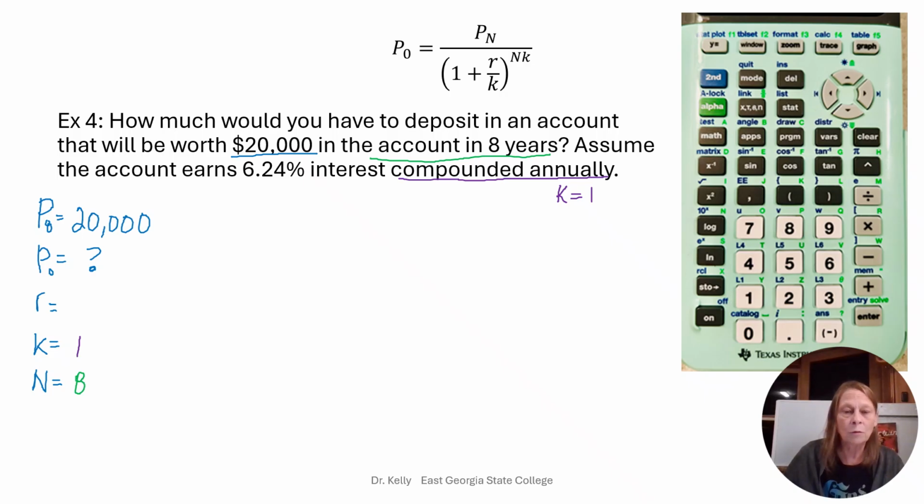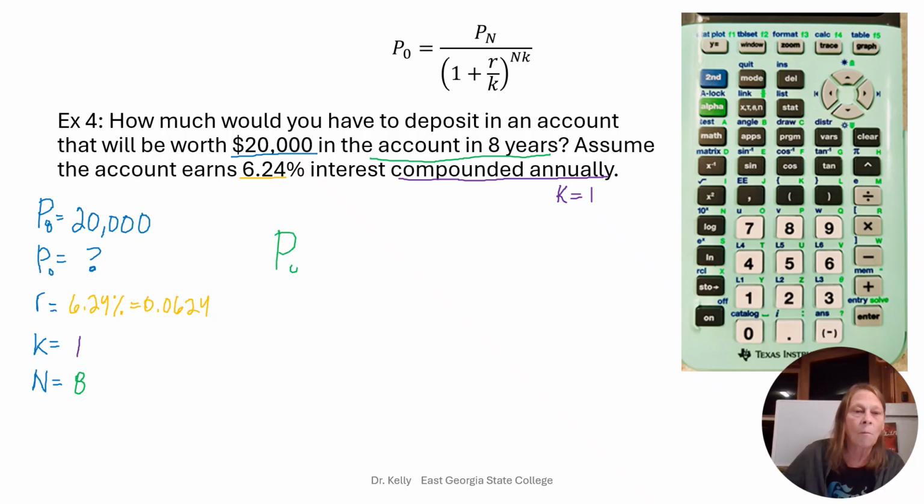And let's see what our rate is. Our rate is 6.24%. So 6.24% is equal to 0.0624. All right, let's crank it in there.